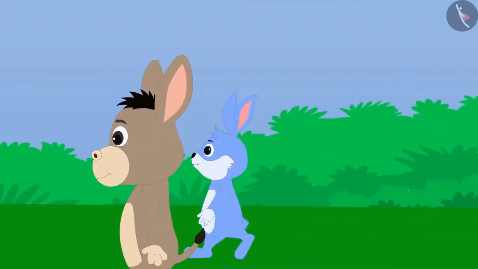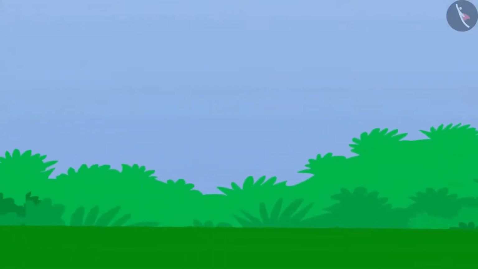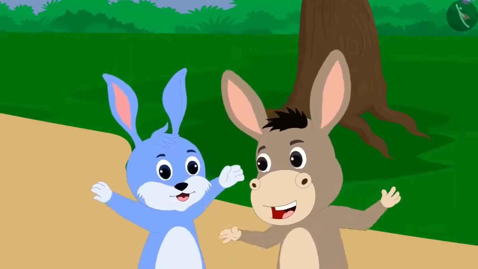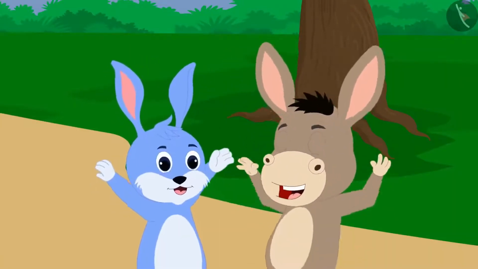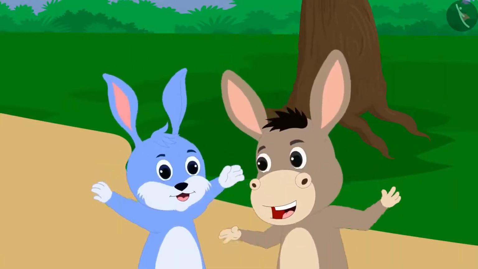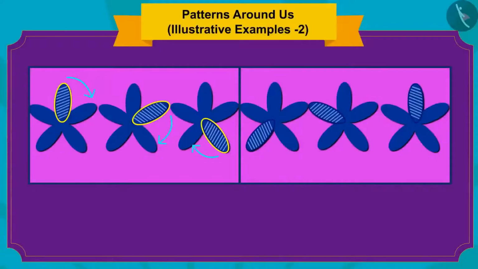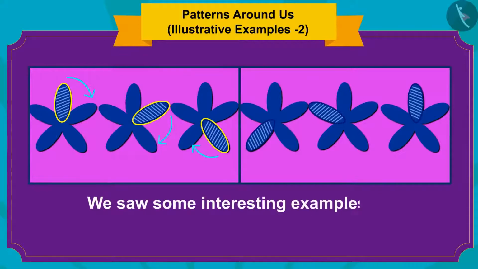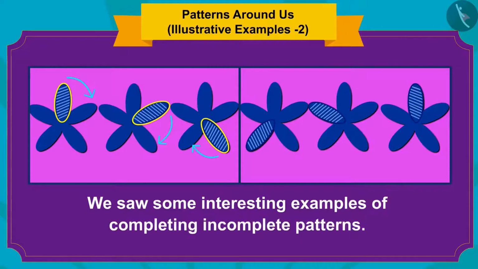As soon as they managed to exit the jungle, both of them started dancing happily. In this video, we saw some interesting examples of completing incomplete patterns.